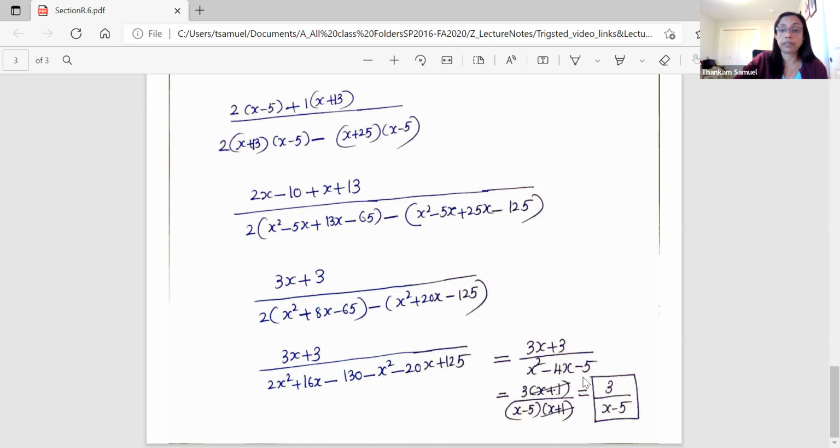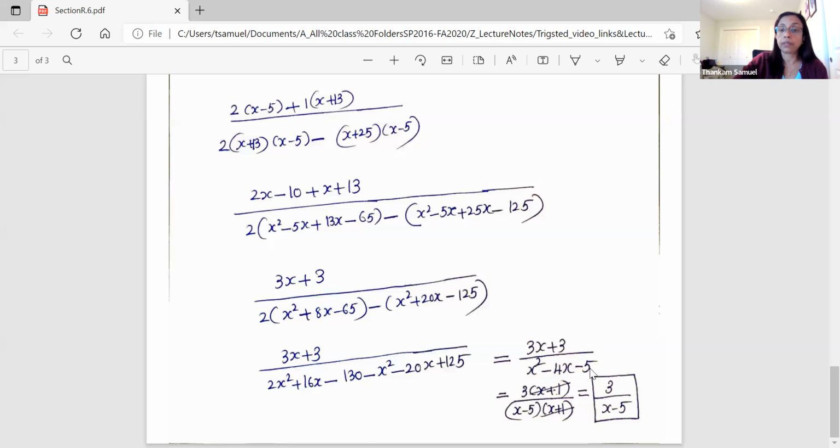You remember the factorization: this is a trinomial with leading coefficient 1. To find the factors, find two numbers whose product is equal to the constant, negative 5, and whose sum is negative 4. The numbers are negative 5 and positive 1.